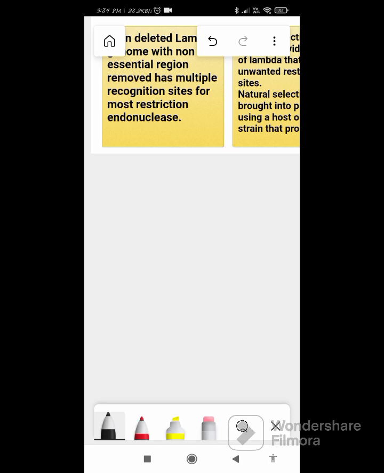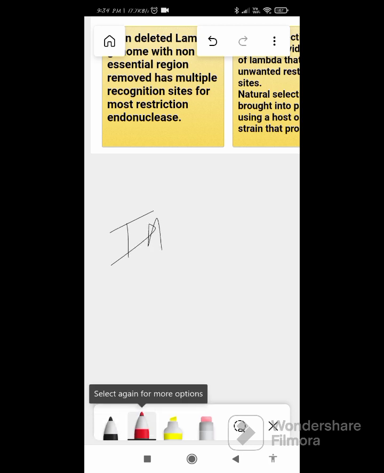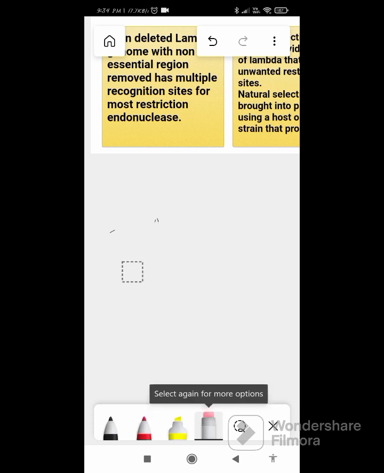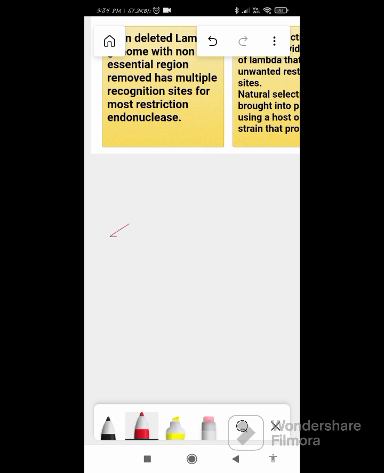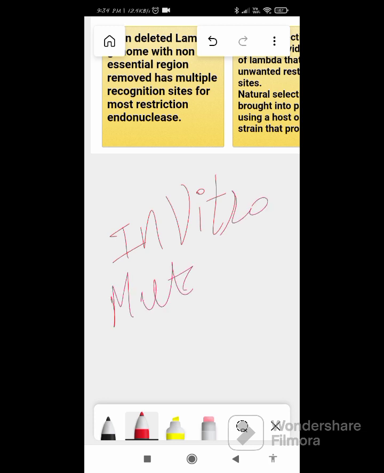For example, suppose an EcoR1 site, GAATTC, could be changed to GGATTC. As we know, GAATTC is the recognition site for EcoR1. But GGATTC is not recognized by that enzyme, the restriction endonuclease EcoR1.